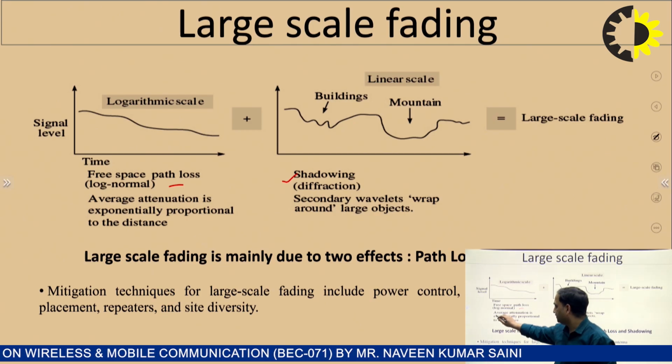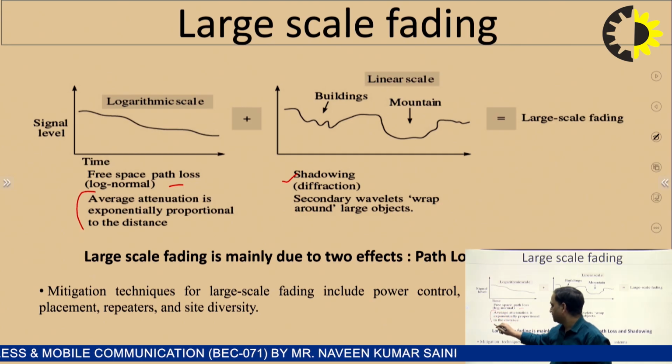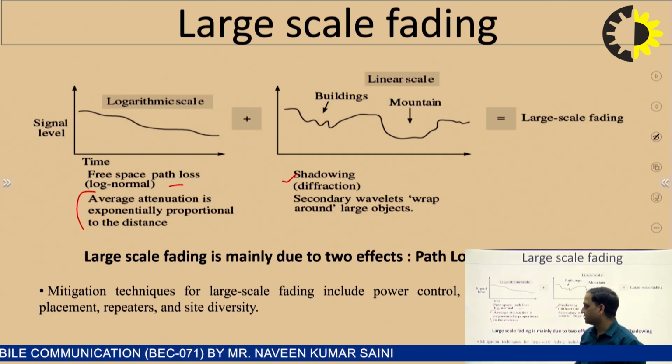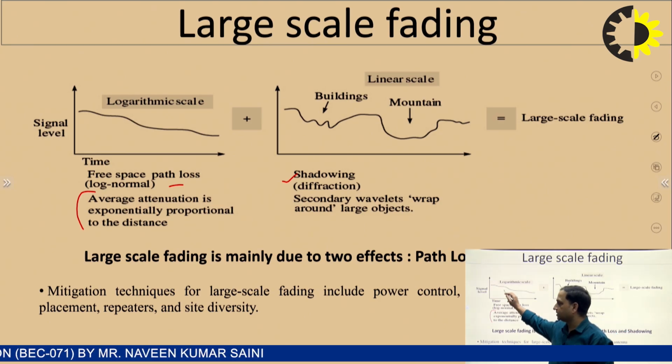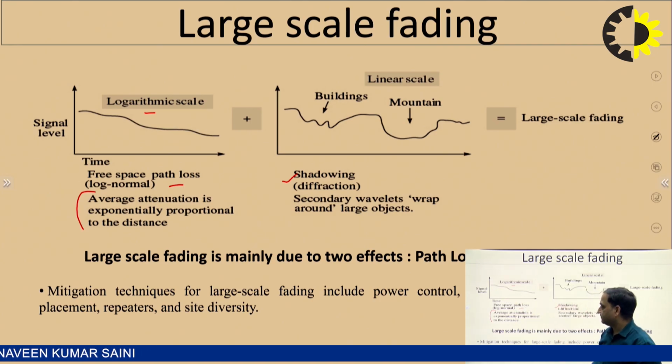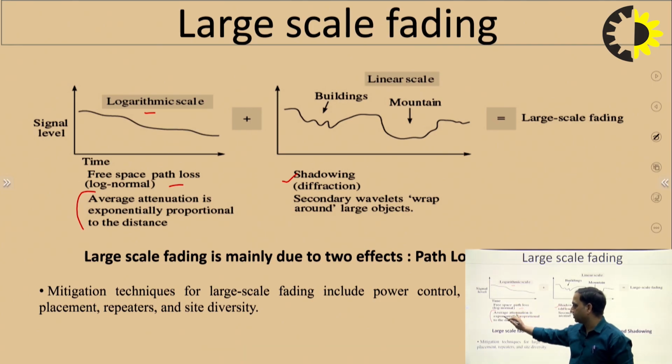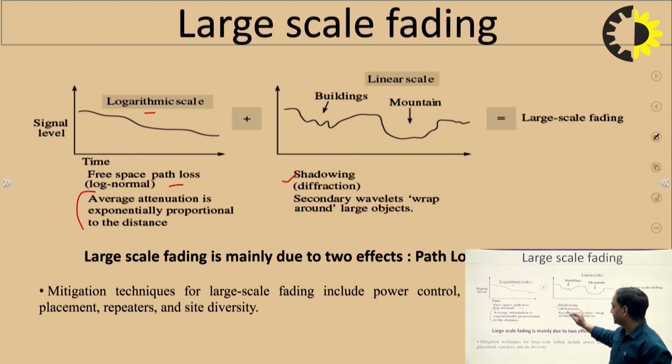We use the average attenuation, which is exponentially proportional to the distance, and based on that we take the logarithmic scale to simplify the fading. And when we combine this path loss fading with the shadowing, what happens in the shadowing?